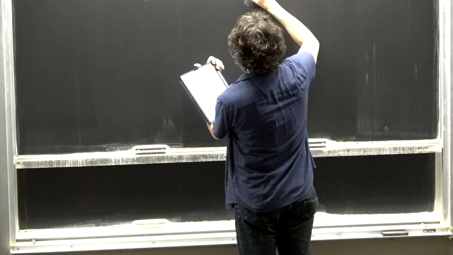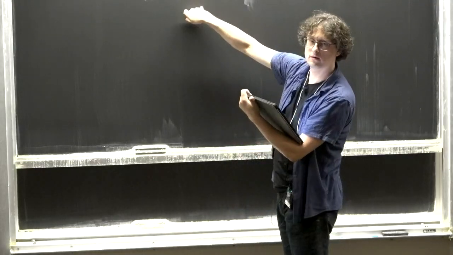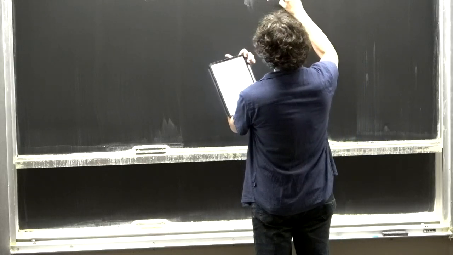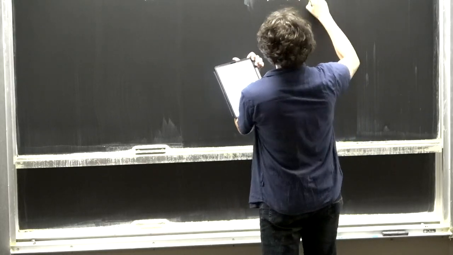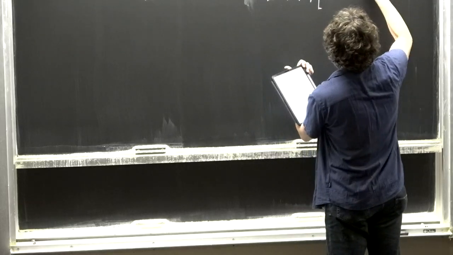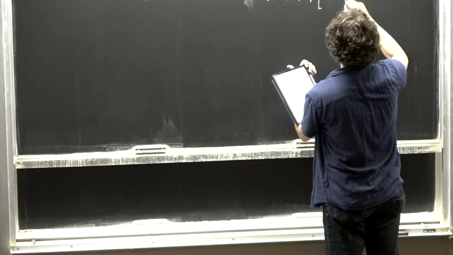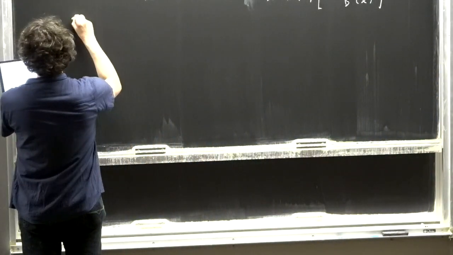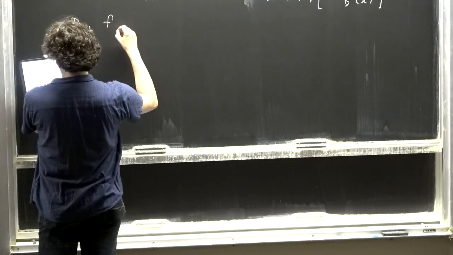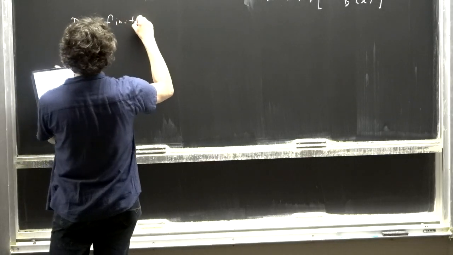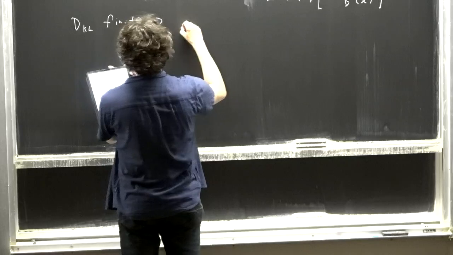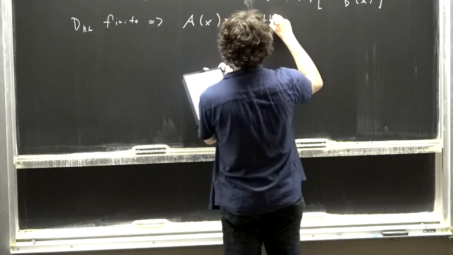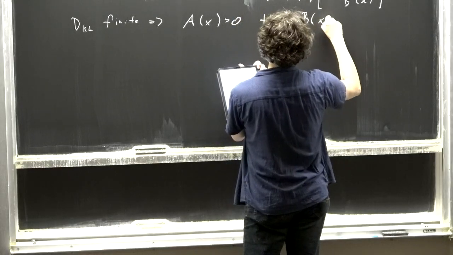So let's suppose we again have the KL divergence from A to B. I call this A and B so that we don't have to tie this directly to what is the posterior and what's the variational function. I'm just writing down the definition again: log ratio of A divided by B. The general statement one can make is that if the KL divergence is finite, that means that wherever A is larger than 0, also B has to be larger than 0.